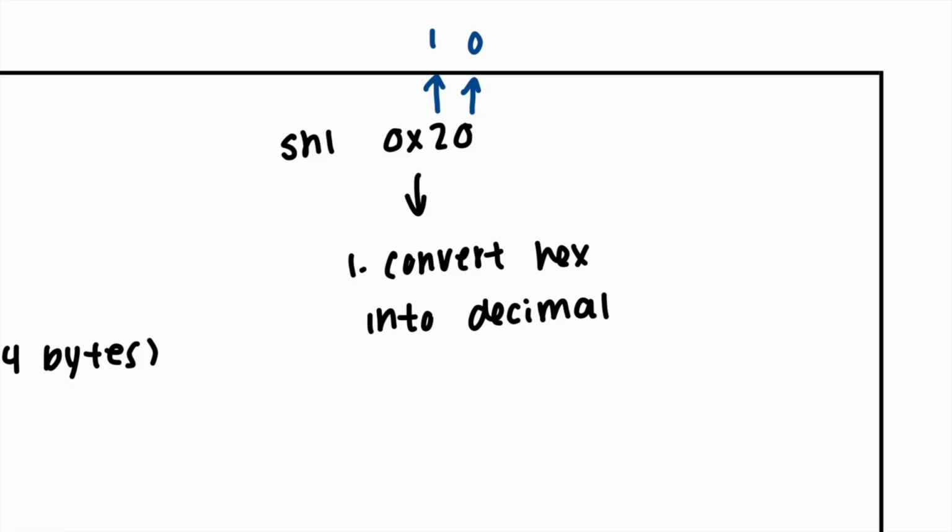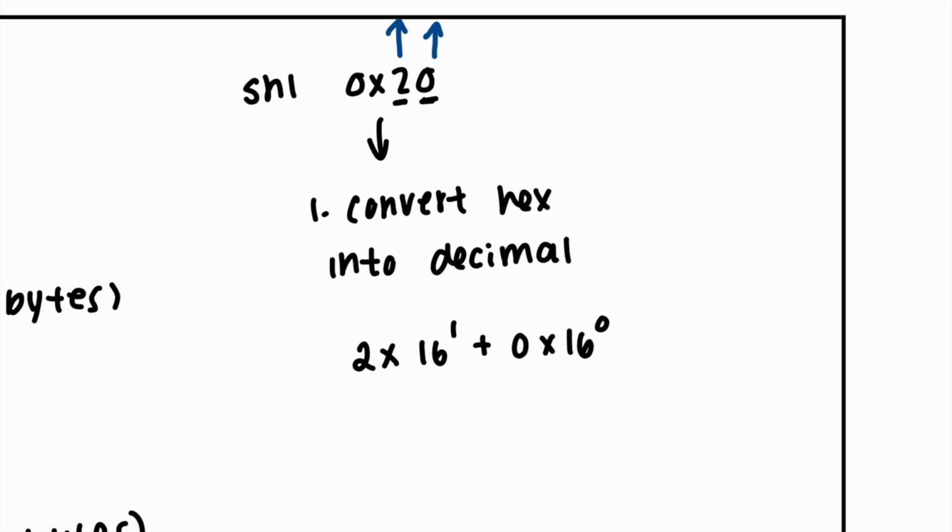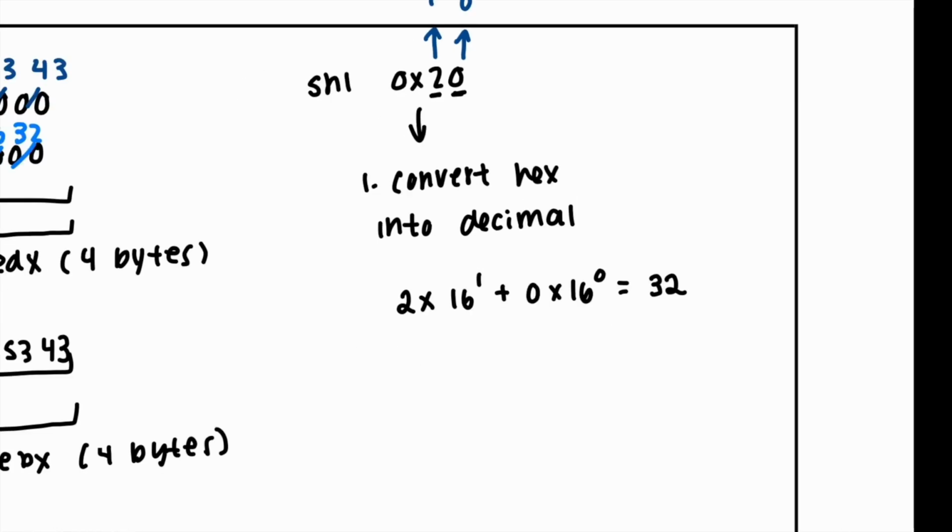So what you do is multiply the digit itself, so 2 times 16 to the 1, plus 0 times 16 to the 0, and the final answer will be 32. So 32 bits, which is equivalent to 4 bytes, because you're dividing this by 8 bits per byte.